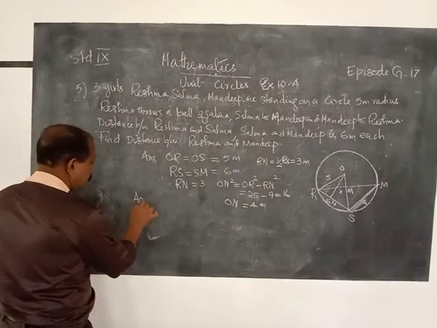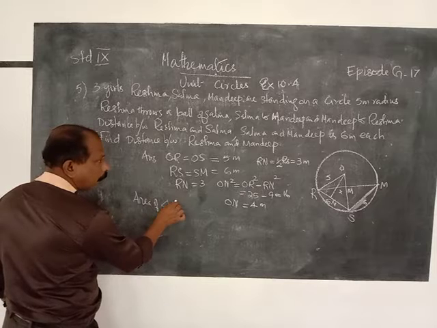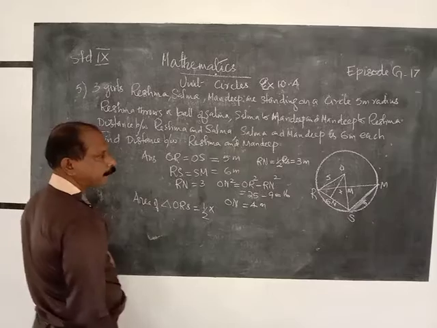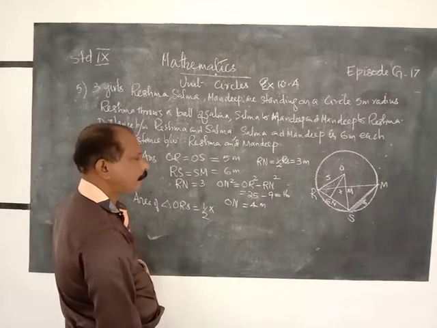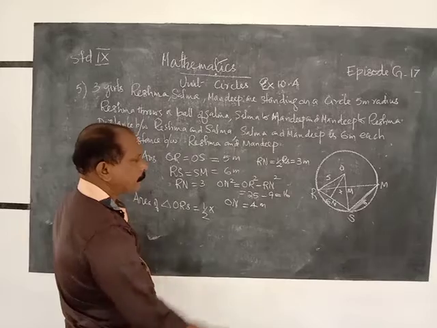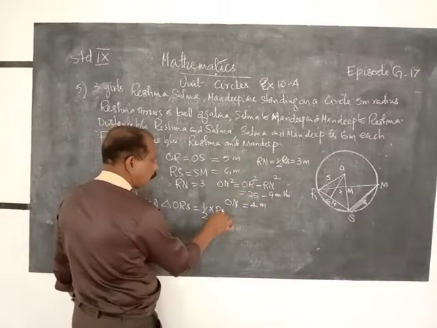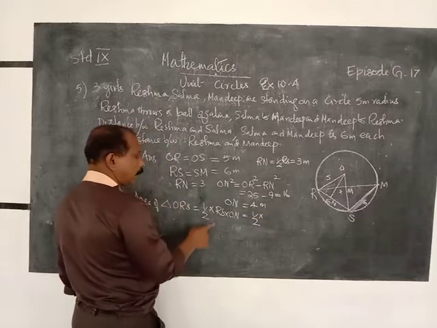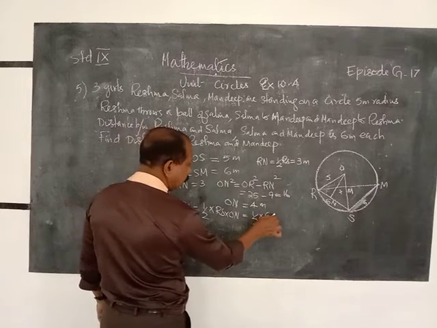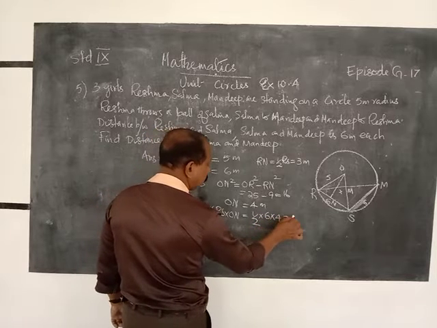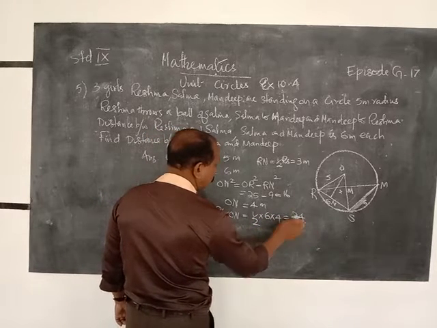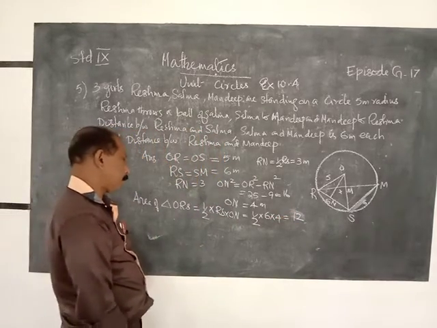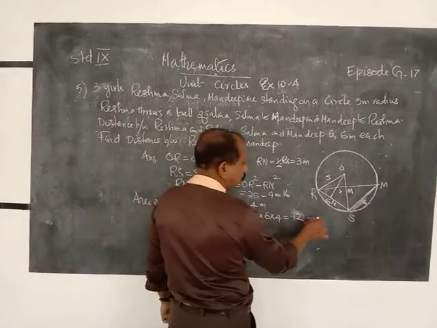Therefore, area of triangle ORS is equal to half into RS into ON, is equal to half into RS, RS is 6, into ON, that is 4, is equal to 24 by 2, that is 12. That is equation number 1.